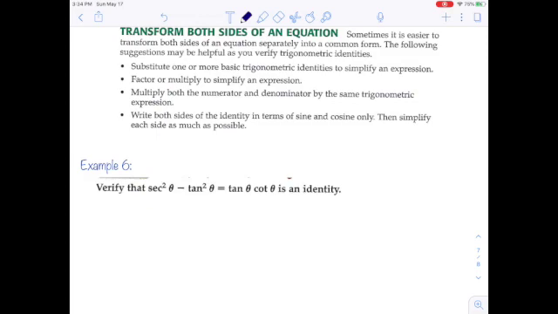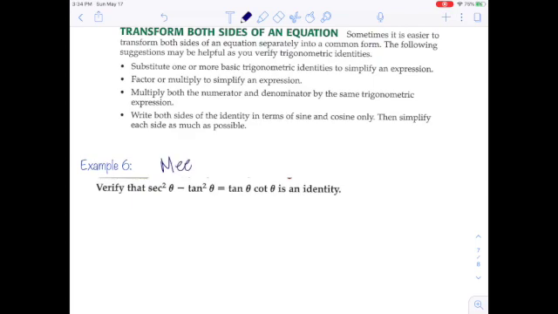You can factor or multiply or simplify an expression. You can multiply the numerator and denominator by the same trig expression. You can also write both sides of the identity in terms of sine and cosine only, then simplify each side as much as possible. So a few more helpful hints. We've kind of already talked about those.